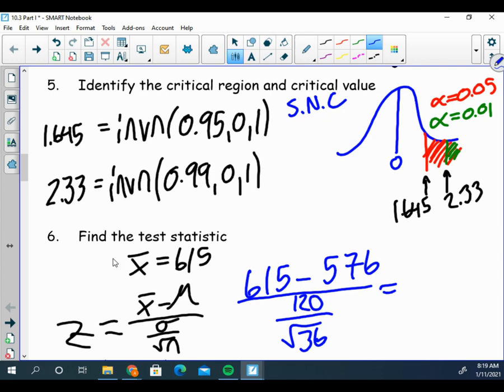And when we run this, 615 minus 576, over 120 divided by the square root of 36, I got 1.95. Is that what we got? People who are ahead of me? Perfect.